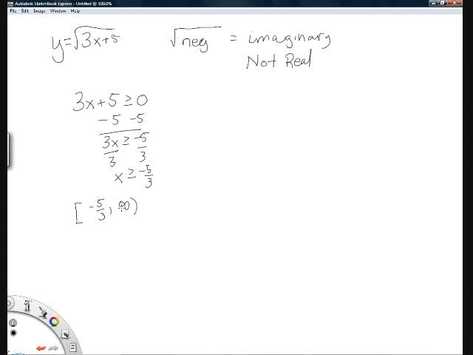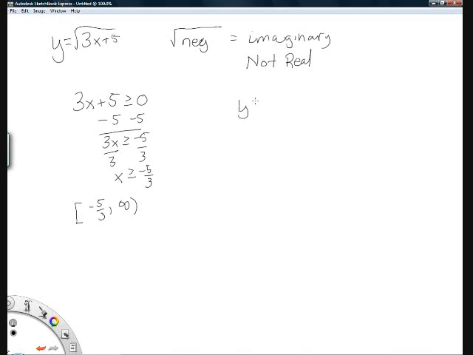Meaning that anything greater than or equal to -5/3 is in the domain of this function. As far as range goes, you would need to graph this. Many times we're not as concerned with the range, it's a byproduct of the domain. So we are going to stick with identifying the domain of this.